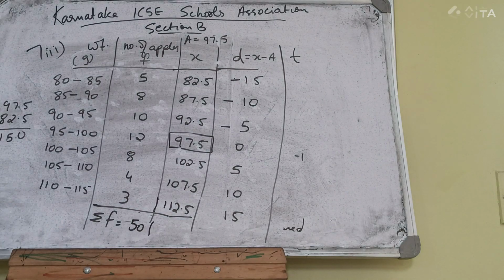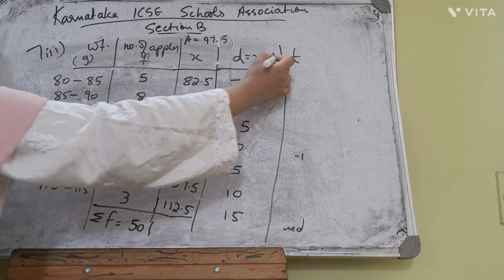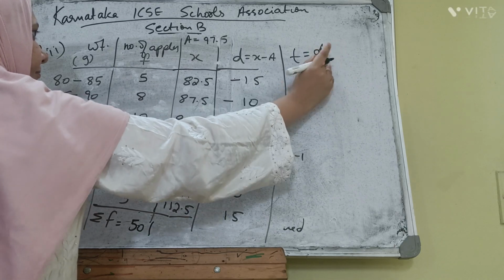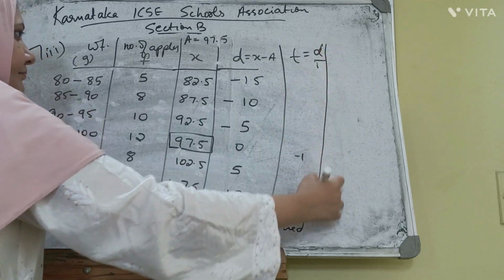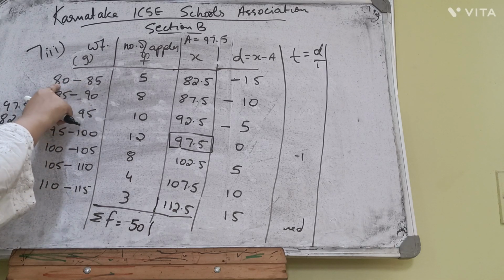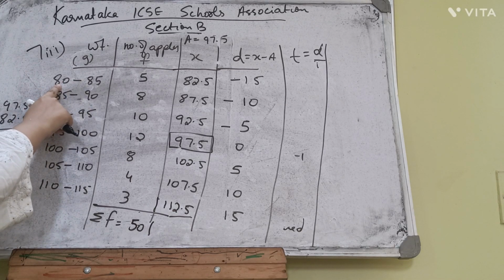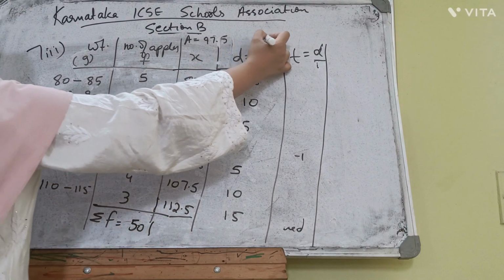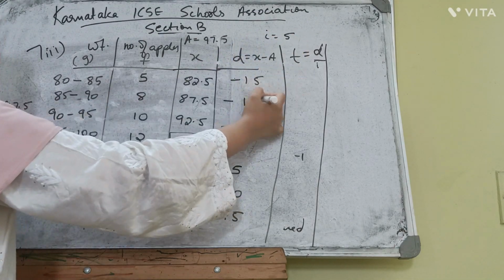Alright. Then we need to find the value of t. T, how do we get? T is d by I. So the t here, what is the I value? I is the interval which you get on subtracting these class limits. So 80 and 85, the difference is 5. Therefore, I is 5.